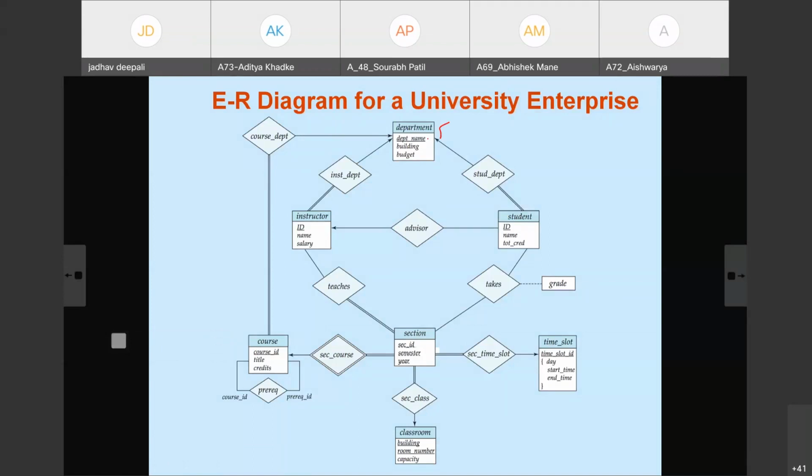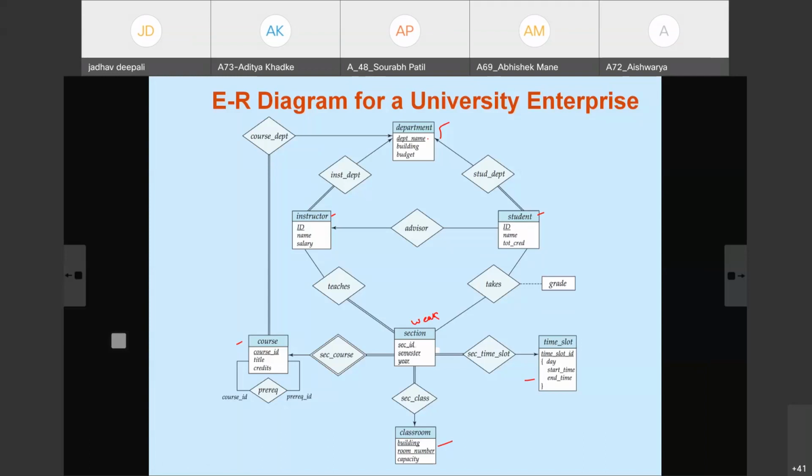Then student and instructor, which are very important entity sets. Similarly, course is another entity set with course ID, title, credits. Section is a weak entity set which depends upon course. Then time slot and classroom are other entity sets. So these are the major entity sets along with their attributes. Not all attributes are considered here; for the sake of simplicity, only some attributes are shown.